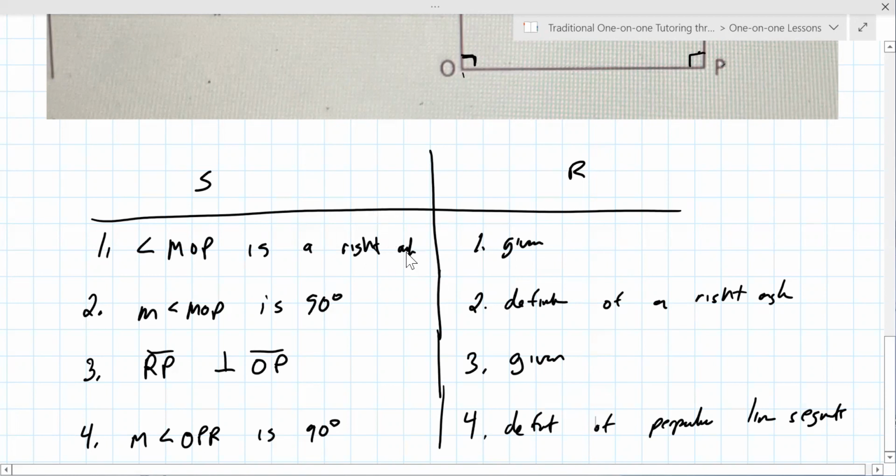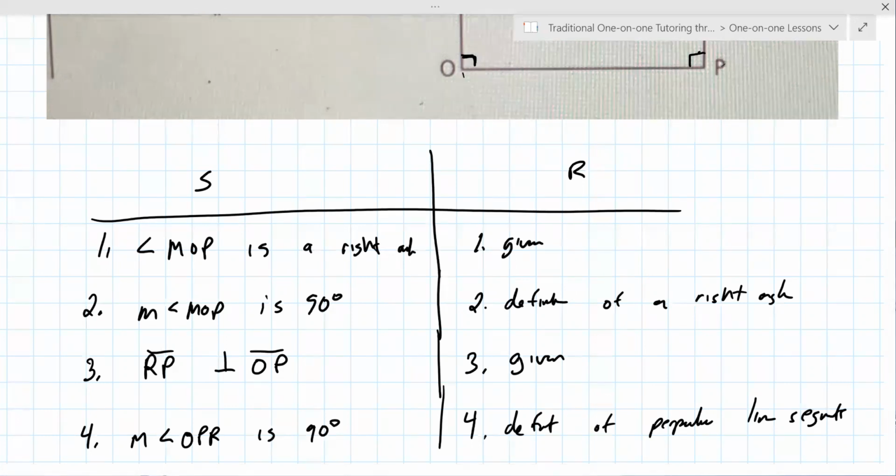Whatever you wrote in the previous line. You'll get close enough. See, I wrote right angle, perpendicular line segments, that perpendicular there. So often you can just do that. We're not expecting you to be really great at these things, but getting closer and closer to doing them.